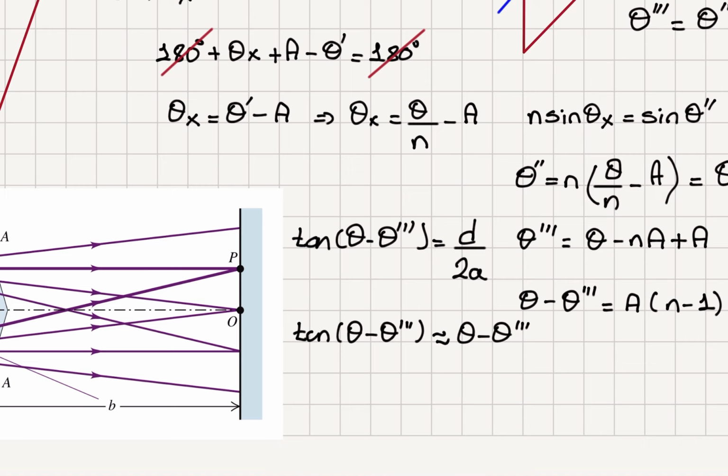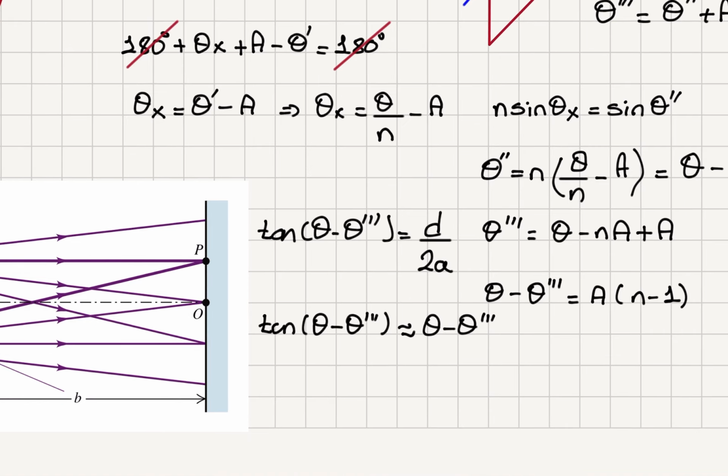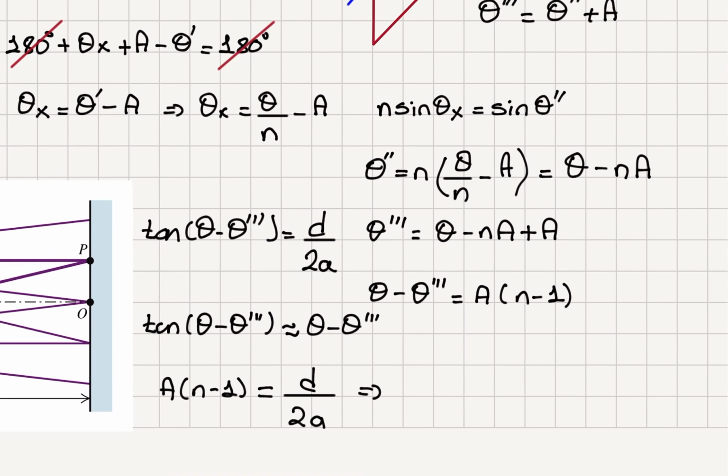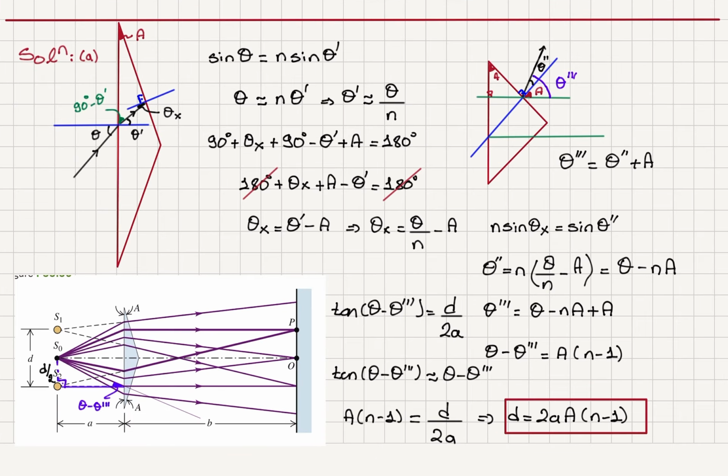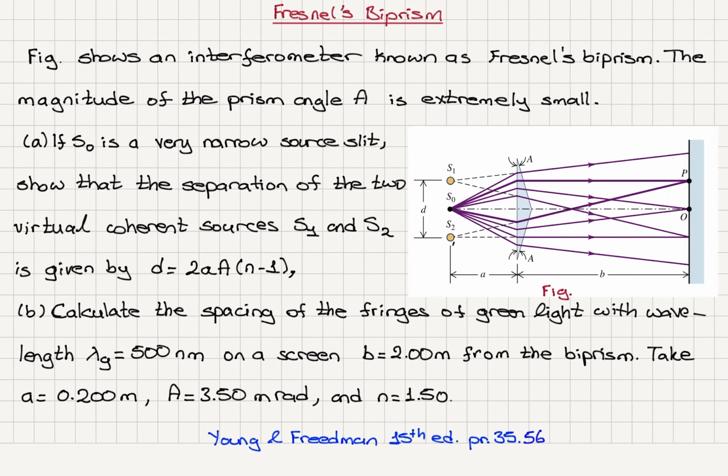And theta minus theta triple prime I found to be capital A times n minus 1, and this is equal to d divided by 2a. I find that d is equal to 2a capital A times n minus 1 with the small angle approximation.